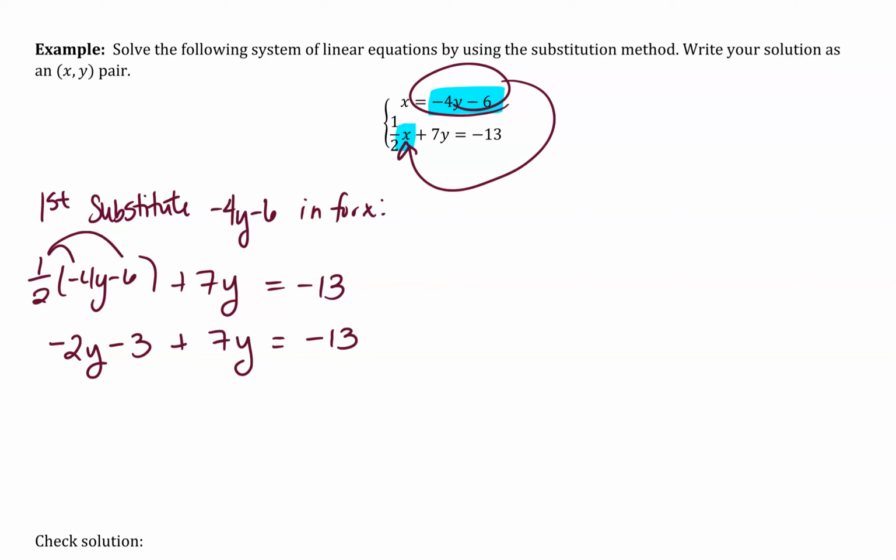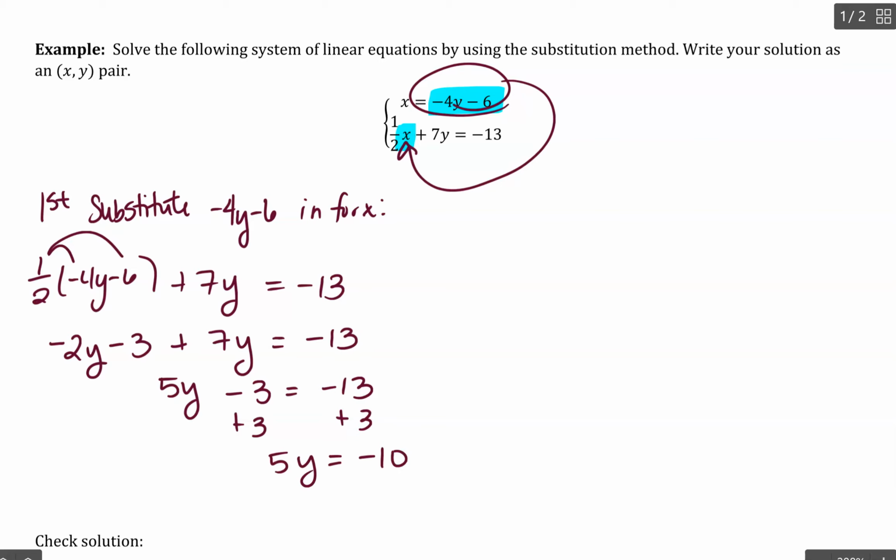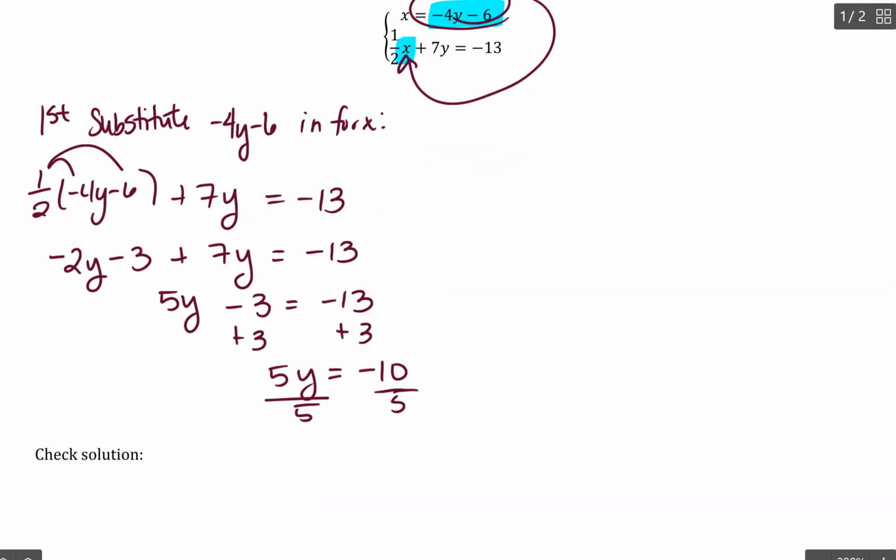We have negative 2y and positive 7y. That gives us 5y minus 3 equals negative 13. Finish solving for y. We add 3 to both sides, and we get 5y is equal to negative 10. Very last step, divide by 5 on both sides, and we get that y is equal to negative 2.